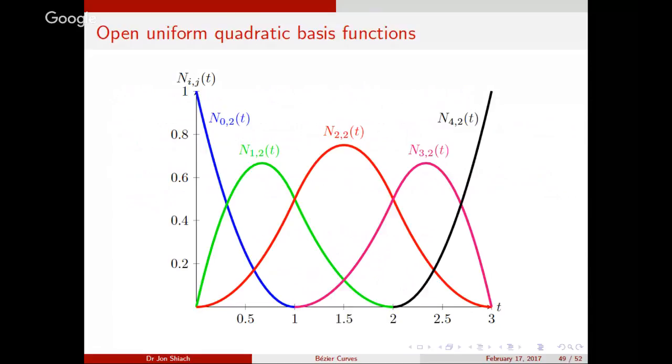The green one is sort of like a gamma curve, and has a mirror image, the mauve one there. That's the open uniform. If I sum across all those values of t, I get a flat line at 1. If I take any vertical line across here and add up the values of each of those basis functions, you get 1.